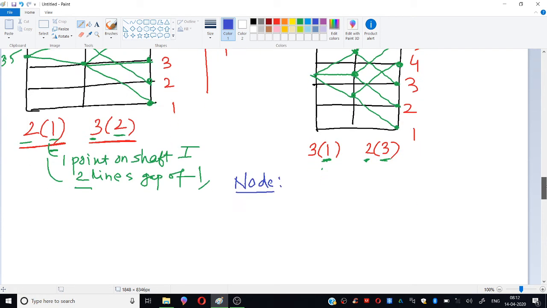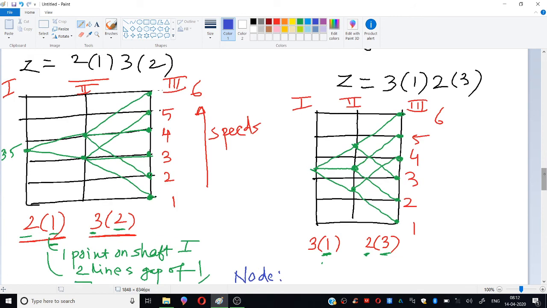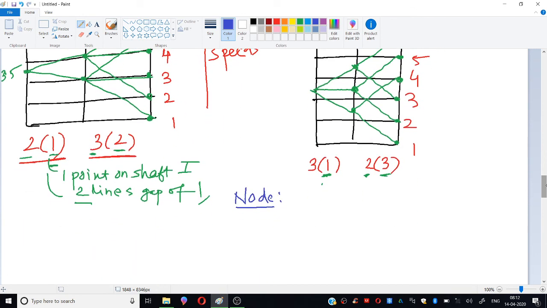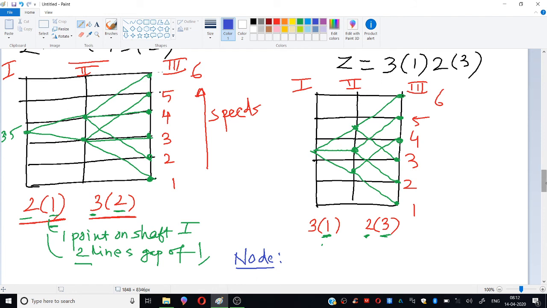Now we have done with the structural diagrams. Now in the structural diagrams we are going to check the node formula, that from the node summation we are going to select which diagram is the most suitable. Now for that we have to select the lower speeds. If we compare with the diagram 1, the lower speed is somewhere here, 1.